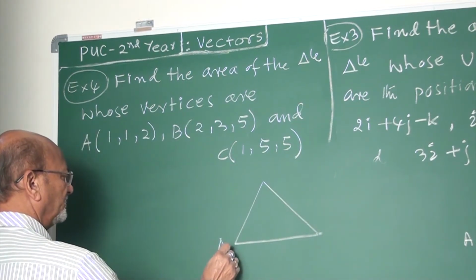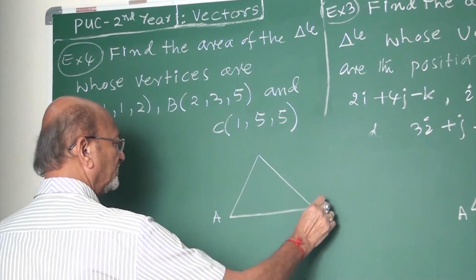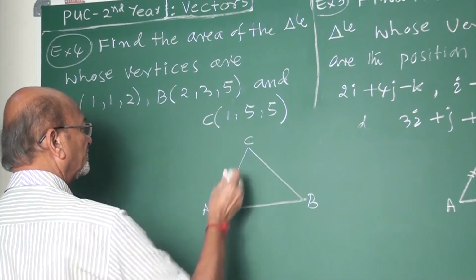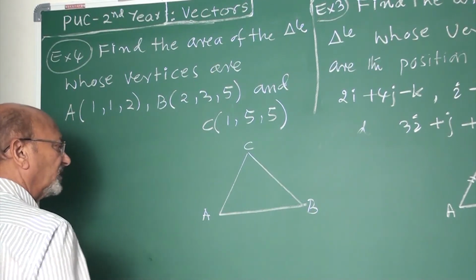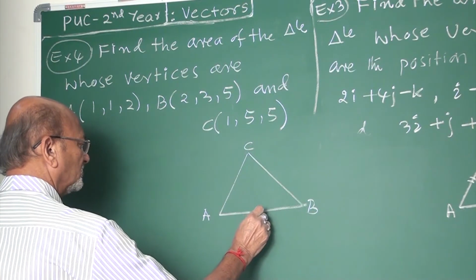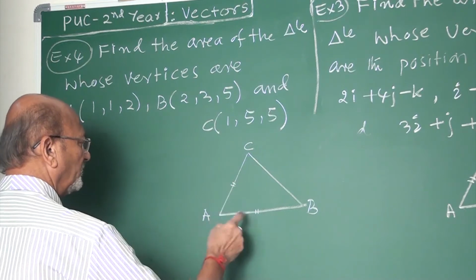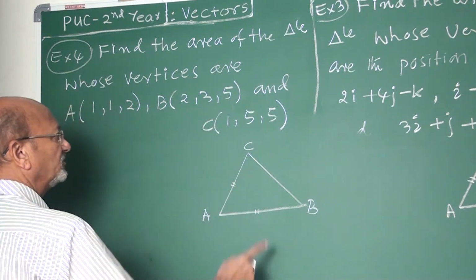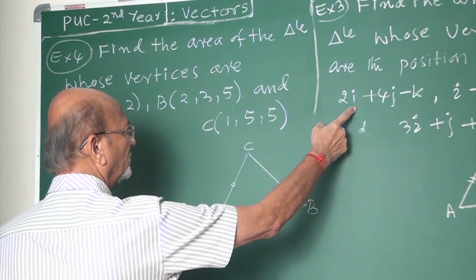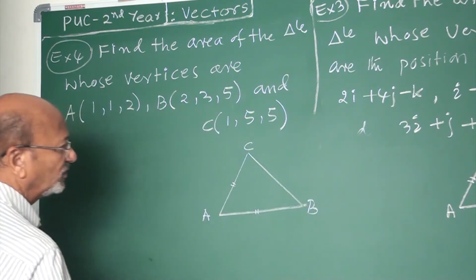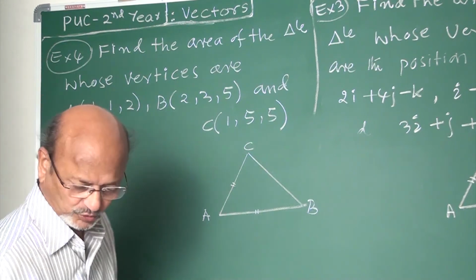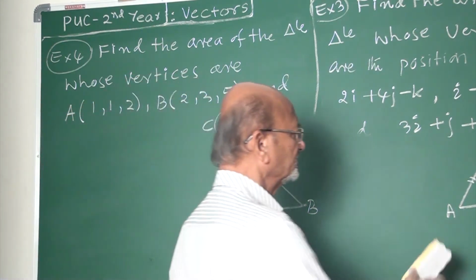Vertices are given. This is A, this is B, this is C. Then once again, my friends, adjacent sides are AB and AC. What is the difference? Here directly the position vectors were given, but here the points are given. Then you have to convert, my friends, you know this result.